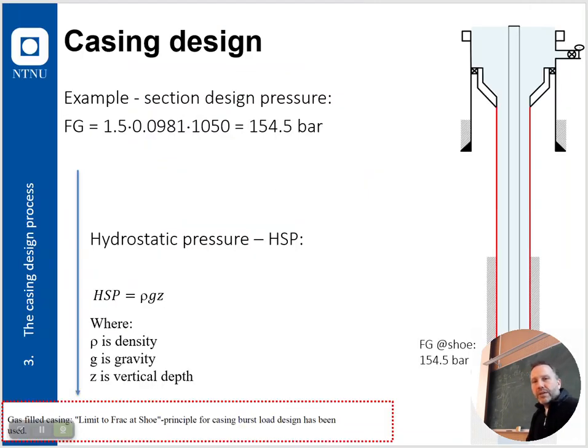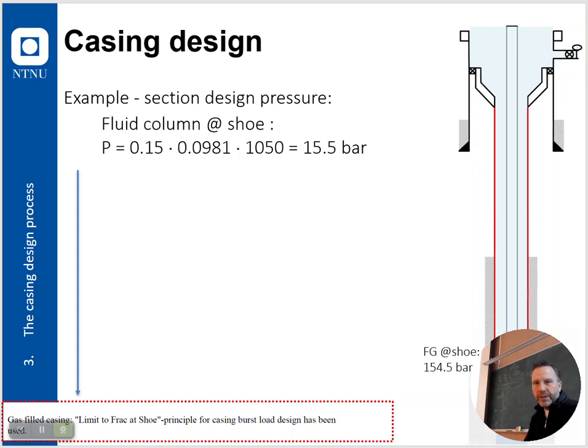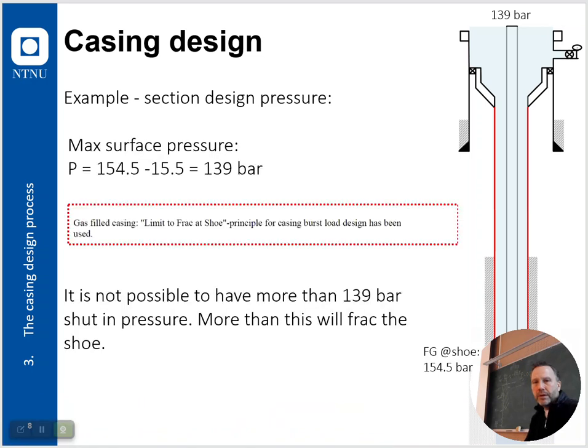So the fracture gradient is 154 bars. And we're going to limit that to the frac there. The density of the gas and the gas column itself is 15.5 bar, which means that the surface pressure will be 139 bar.